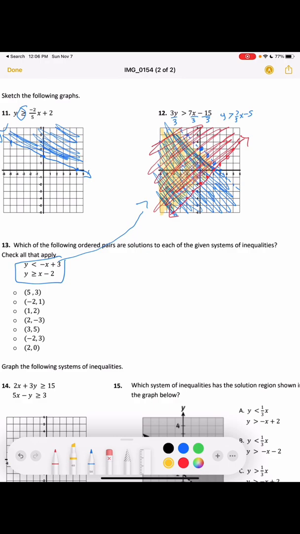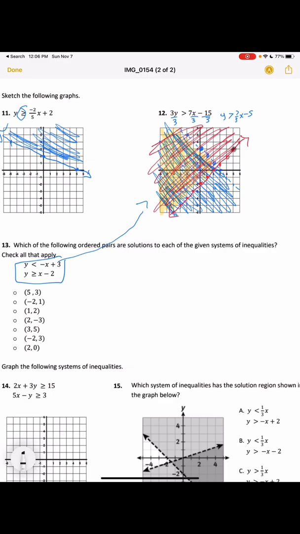So now we're going to go through each point and I will kind of plot them and then we'll talk about whether or not they're included. So the first one is (5, 3). So (5, 3) is all the way over here. That is not a point where they both cross. So no, it would not work for both. The next one is (-2, 1).